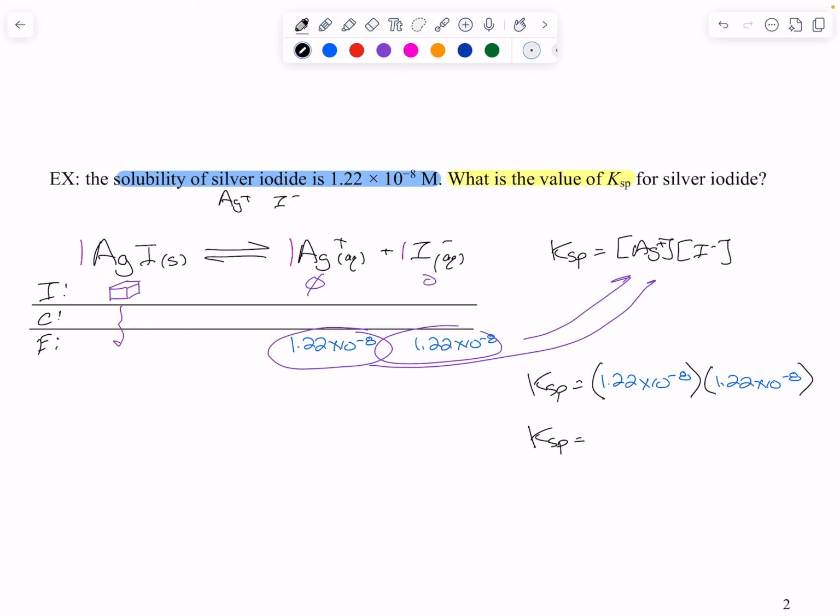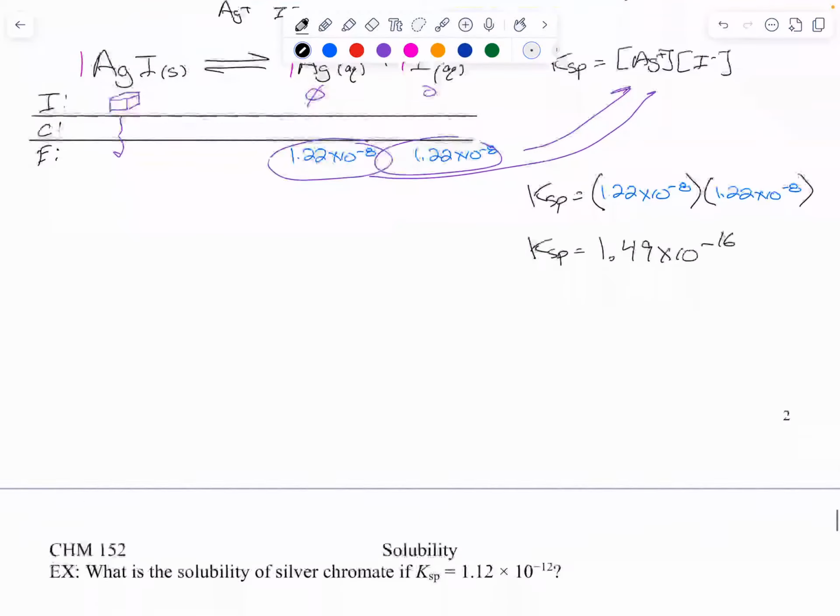Let's see, 1.22 times 10 to the minus 8 squared. I get 1.49 times 10 to the negative 16th. All right.